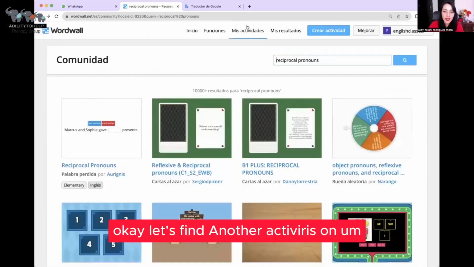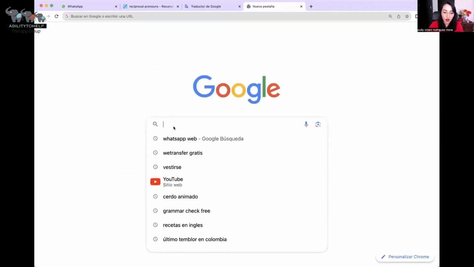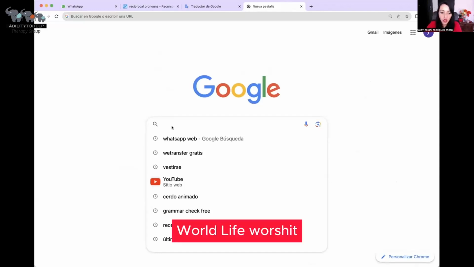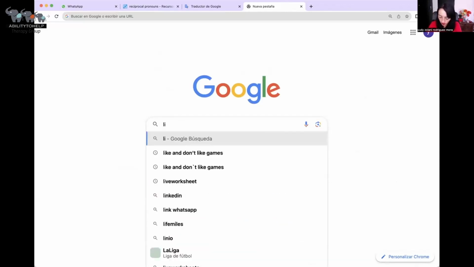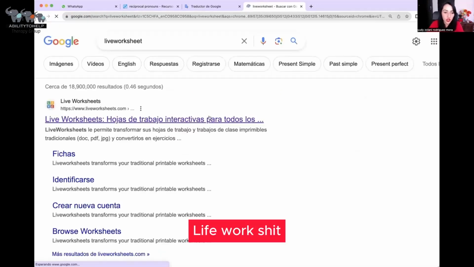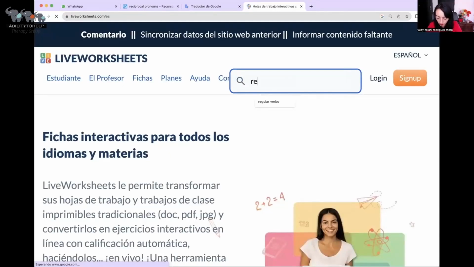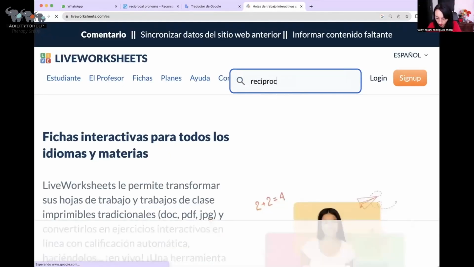Okay, let's find other activities on Live Worksheet. Then you have to look for the reciprocal pronouns.